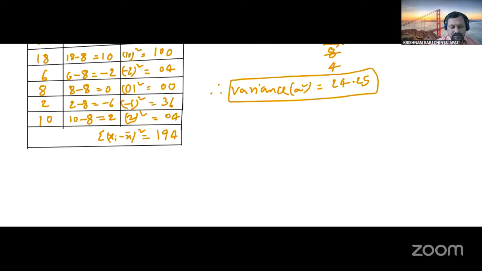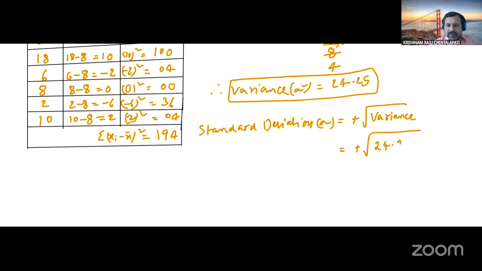Right? And also they want standard deviation. So what is the standard deviation symbol? Sigma. So the formula is plus into square root of variance. Plus into square root of variance is the square root of 24.25. Right?